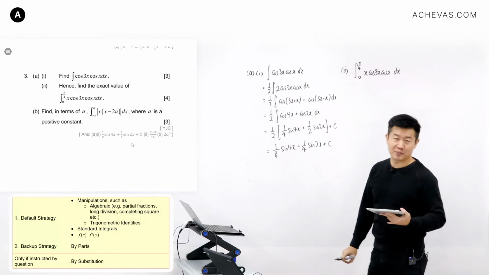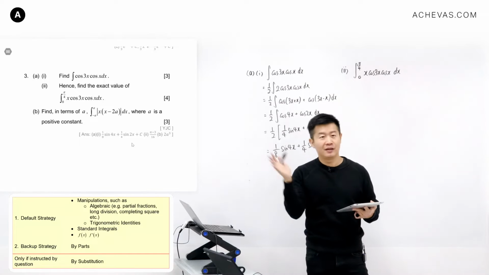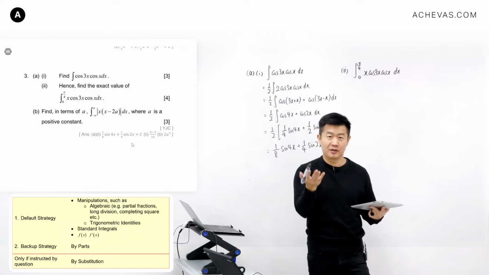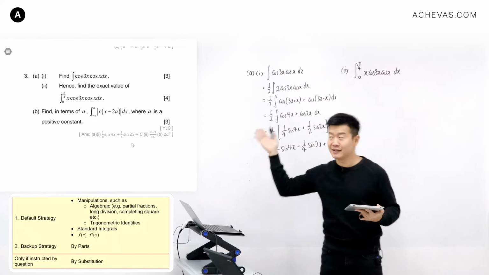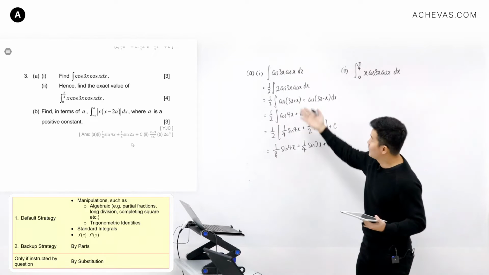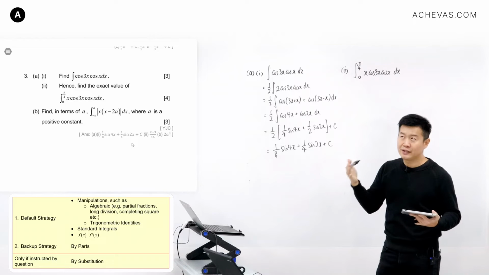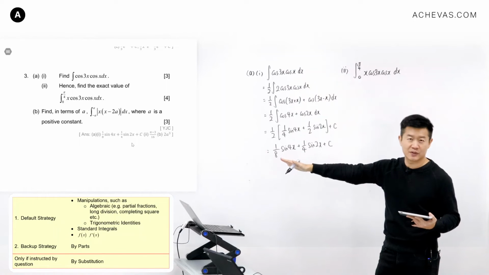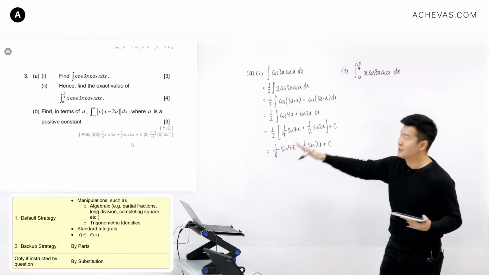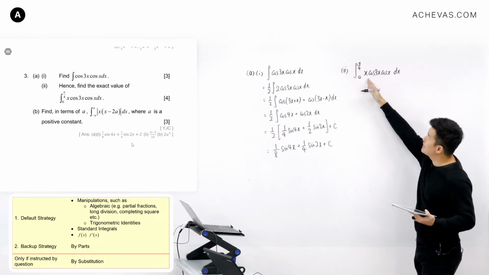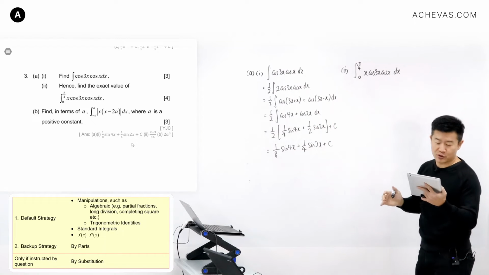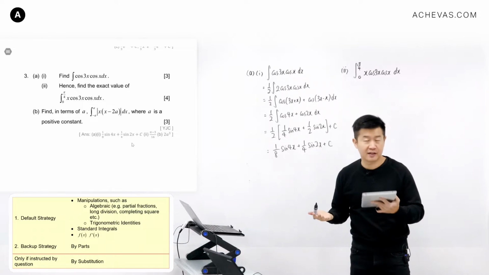I'm going to apply integration by parts. Again, from our previous example, we can see a "hence" in this particular question, which means that we're going to be making use of the previous result. At the same time, I don't think it is very feasible for us to try standard results or to try f(x), f prime x. It just doesn't seem to work for an x with the other two trigonometric functions that are here.